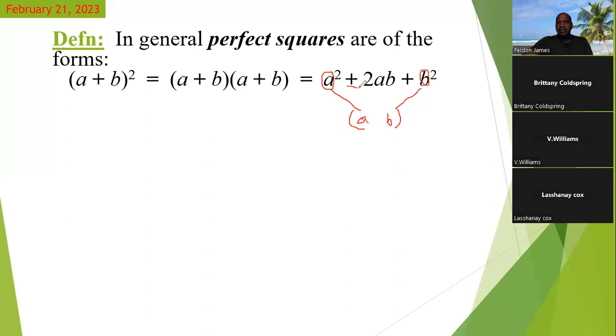And then you bring down the sign of the middle term. Bring down the plus sign here. And then the squares, you would put outside the brackets. And you see that from the expanded form, we can easily factorize it back to this by simply bringing down the bases in brackets, keeping the sign of the middle term, and bringing back the power outside the bracket.